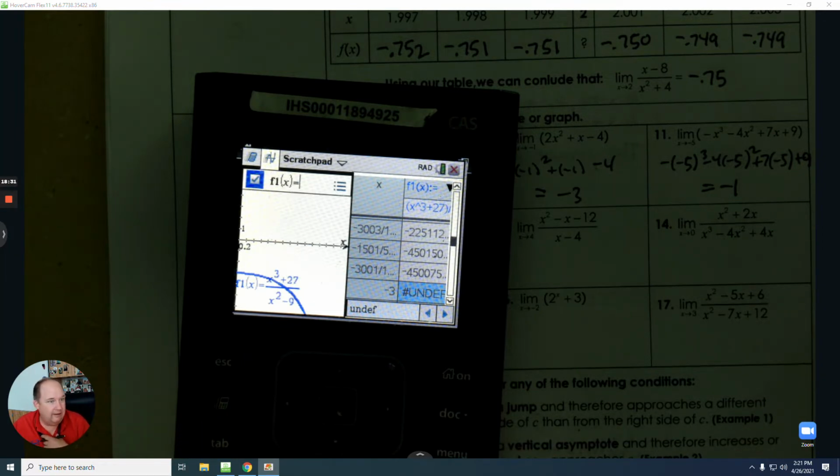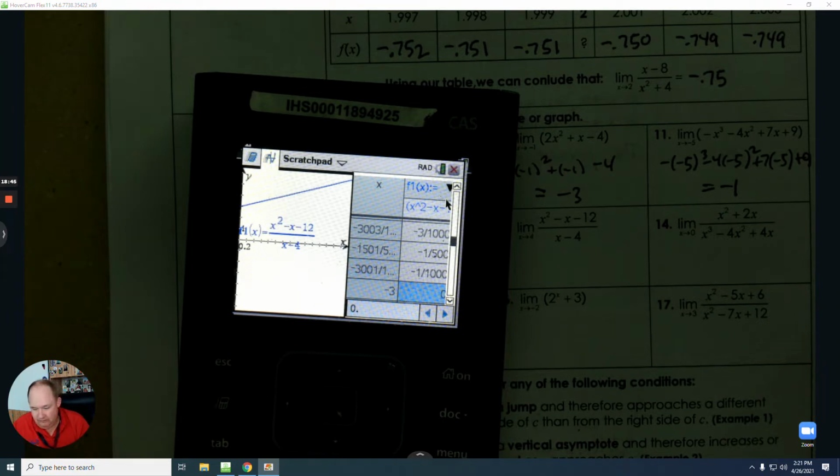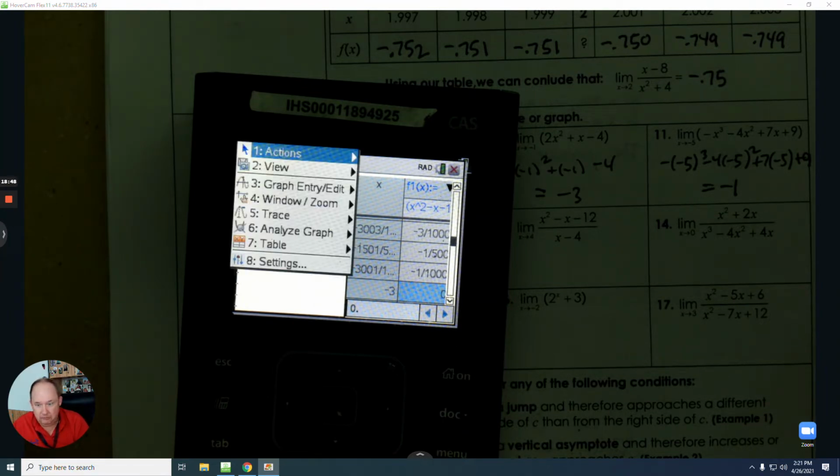And I'm going to put in the next function. So it's Control Divide. I'm going to put in x squared subtract x subtract 12. The denominator, x subtract 4. And then I'm going to change the menu, the table.